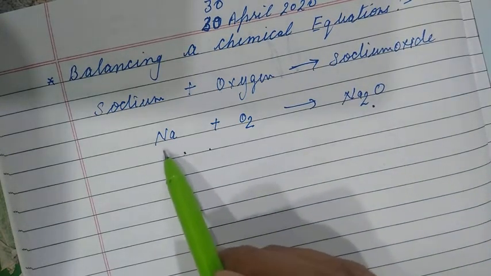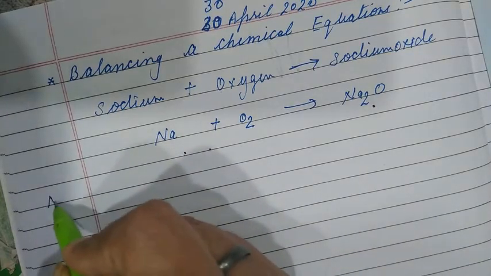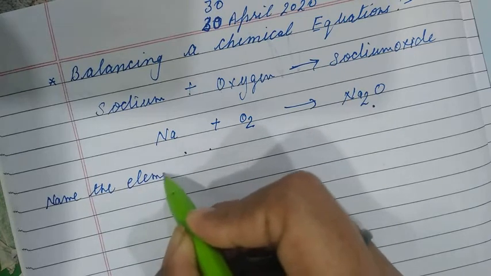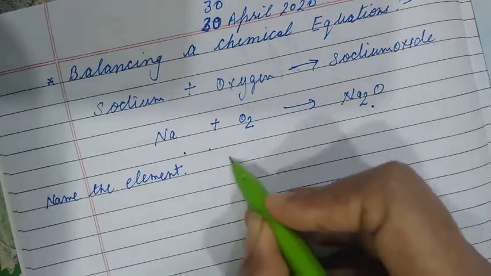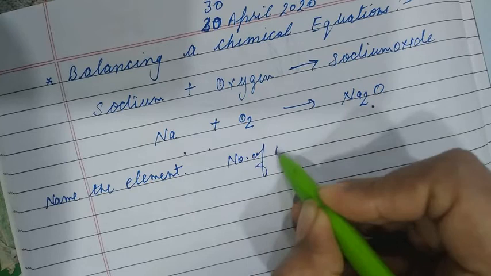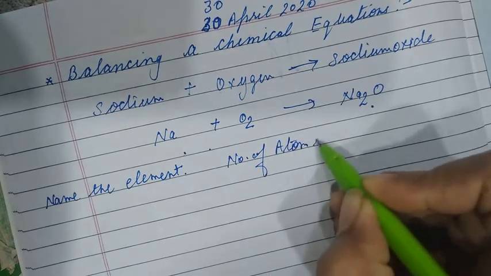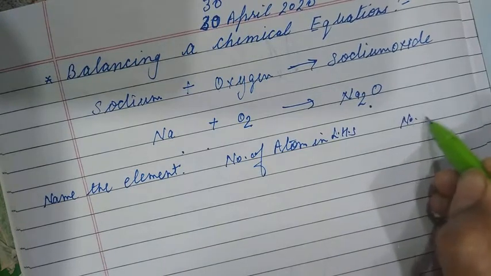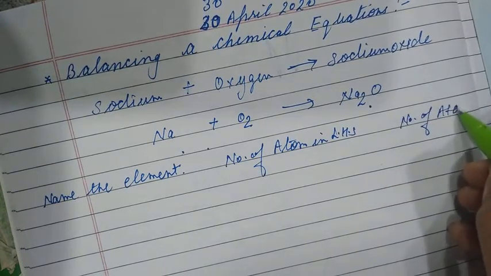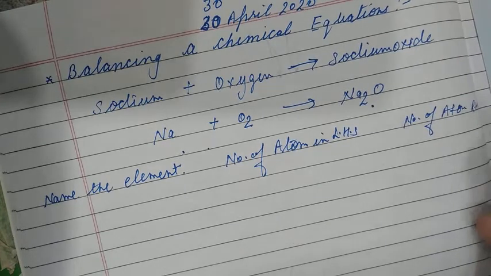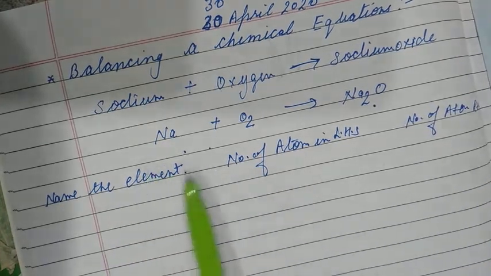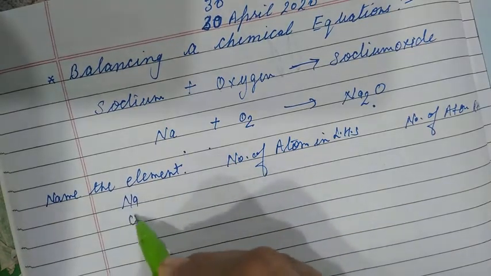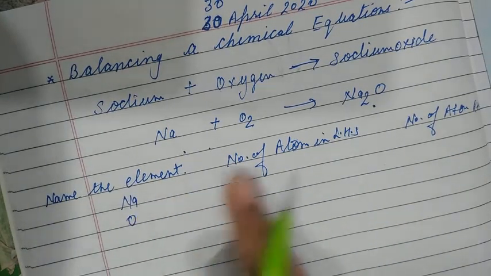So first write the element name, then the number of atoms on the LHS, then the number of atoms on the RHS. So how many elements are in the reaction? Sodium and oxygen. Now the number of each element count.